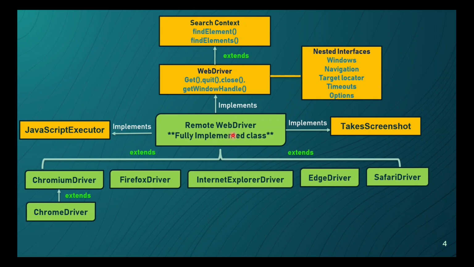Next, we have the remote WebDriver. This is a fully implemented class, which implements the interface WebDriver. Here you can see it implements the WebDriver interface. Here you can see it's a fully implemented class where all the abstract methods coming from the search context and the WebDriver are implemented in this particular class.